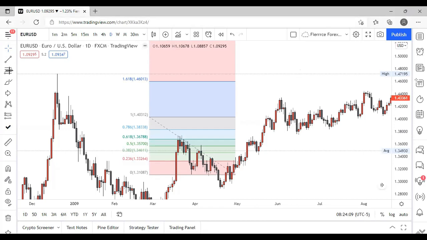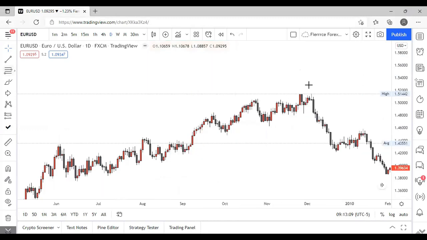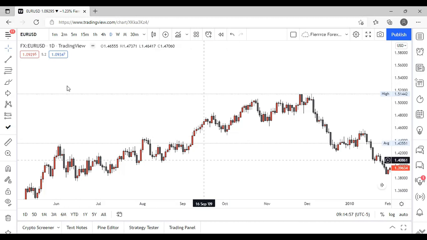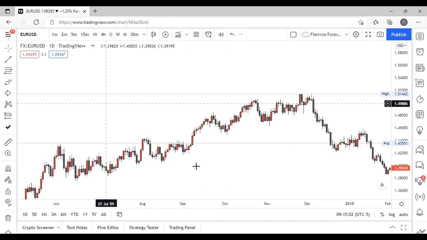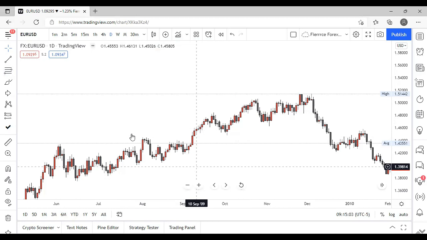Remember when we did our TradingView training, we looked at this left menu bar here, and this is where we got the Fibonacci tool from. I'm waiting. Okay, guys, just give it a sec.